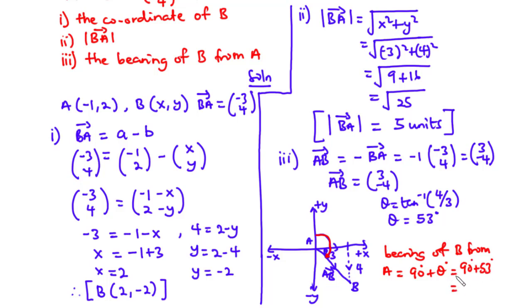Therefore, 90 plus 53 is equal to 143 degrees. So this is the bearing of B from A, 143 degrees.